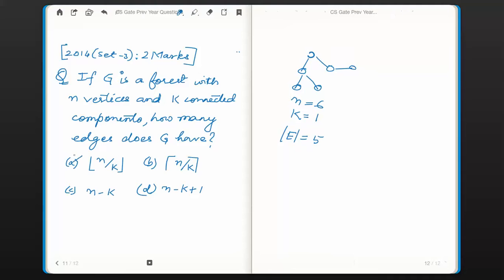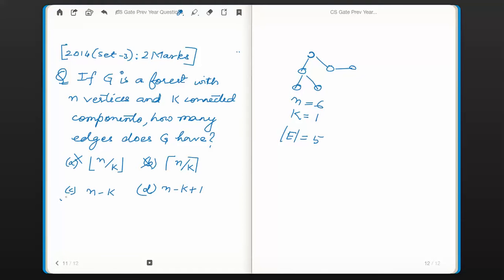So this is eliminated. Similarly, this one would also get eliminated. 6 divided by 1 is 6, and the ceiling of 6 is 6, so this is not 5, so this is also eliminated. 6 minus 1 is 5, so it is a candidate to be the correct answer.